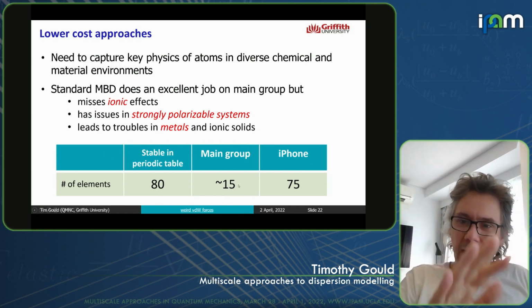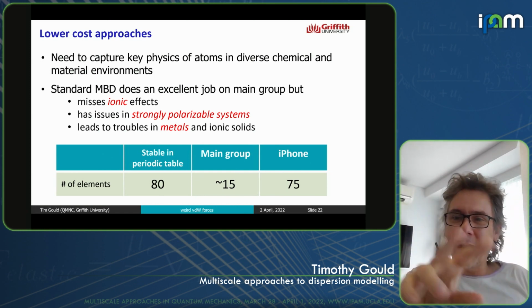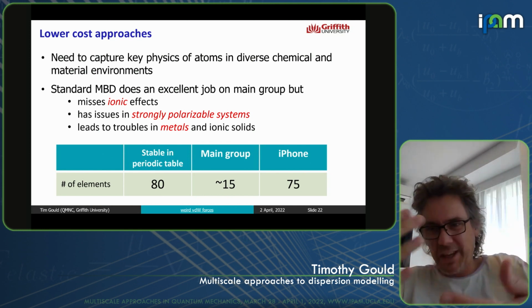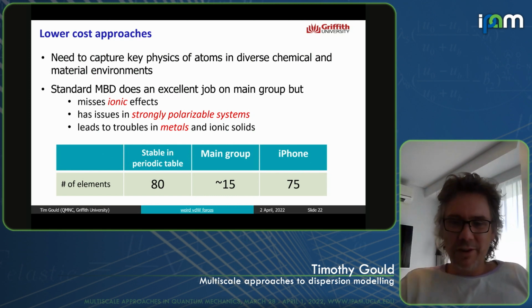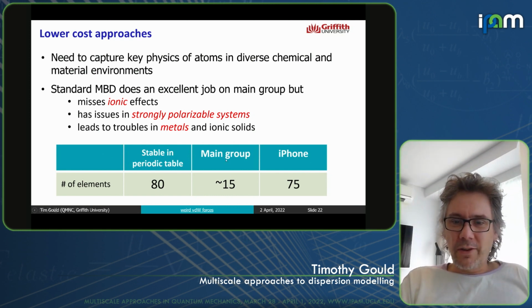Now there are maybe 10, 15 things which you might consider main group in the sense of things that are in major benchmarking sets and biological processes or whatever. So a lot of chemical research and chemical physics research focuses on these sort of 10 to 15 elements.